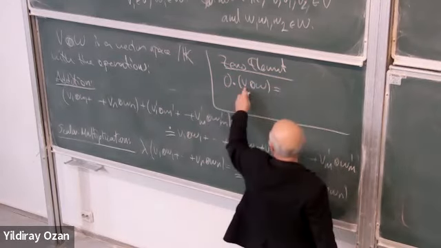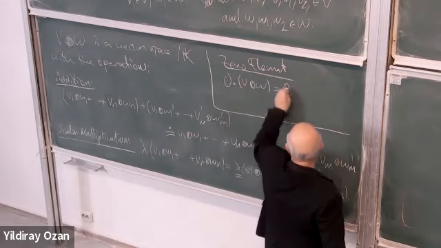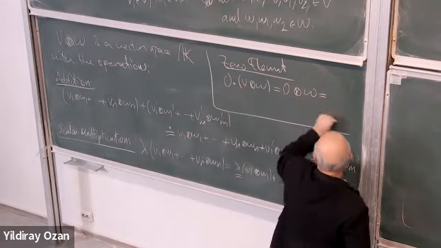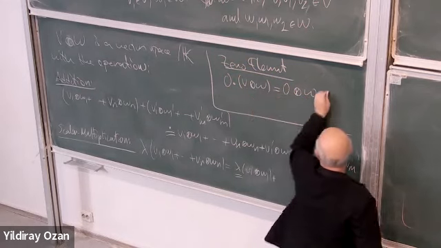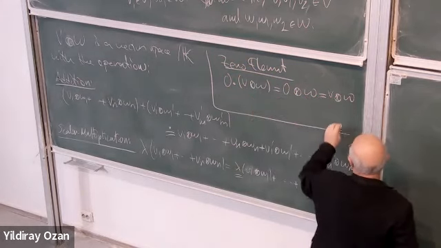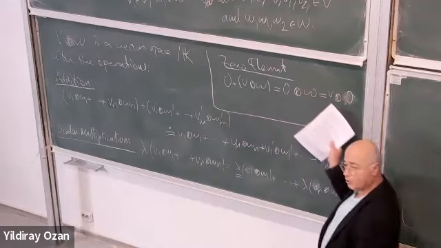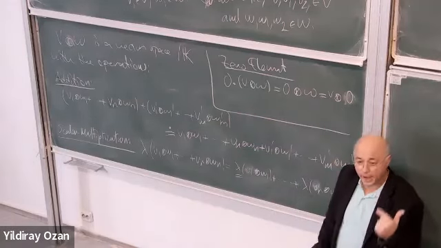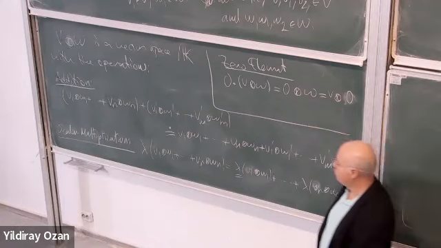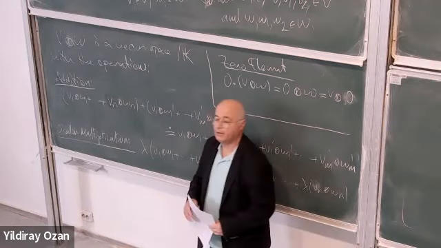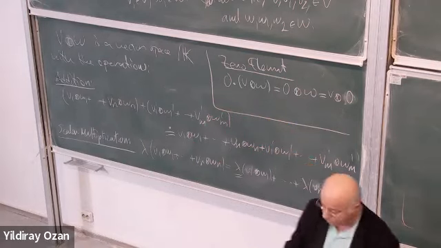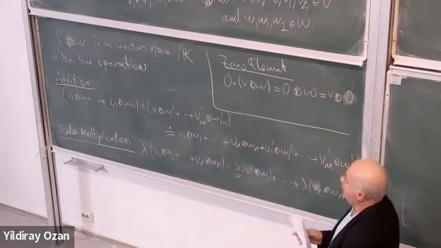Of course, you may put this 0 either here or here. If you put it here, 0 times v is just 0, so 0 times v tensor w, or you may put it there, and then v tensor 0. These are all the same, and it is the zero element of the additive group of this space, under the addition operation.